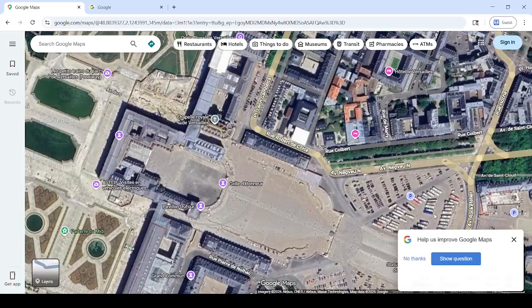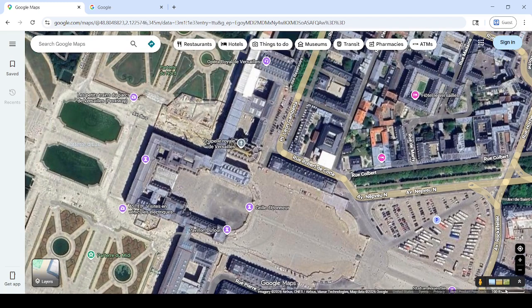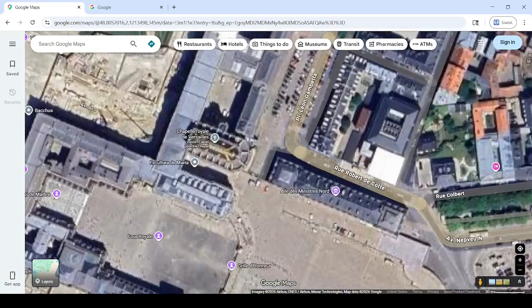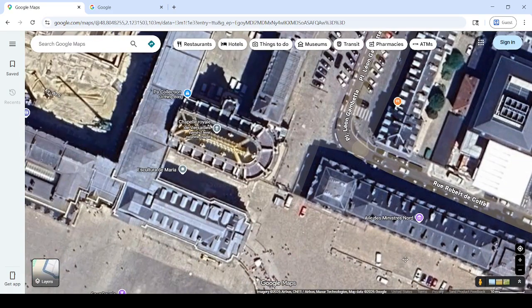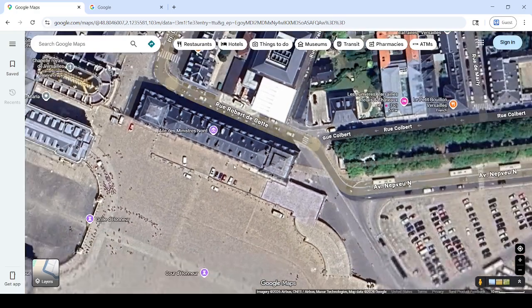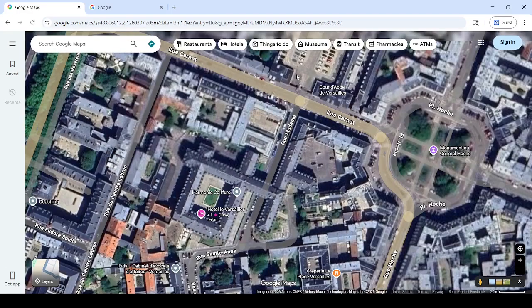Now, one of the things that I like to do when on Google Maps is set the scale to metric because it's a good thumbnail for being able to tell the size of buildings. And in Minecraft, it's a good rule of thumb that one block equals 1 meter cubed.